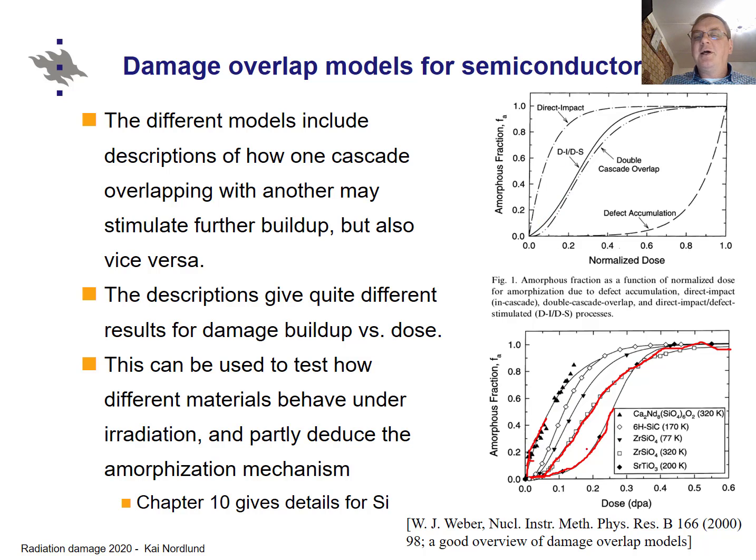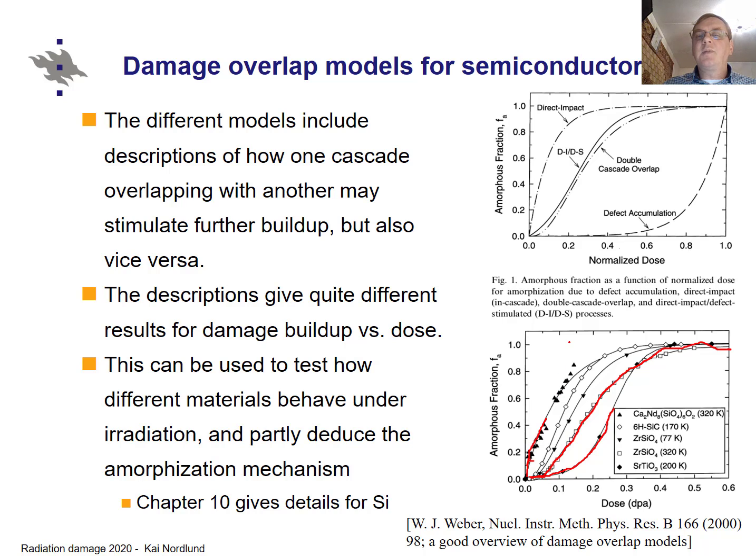The simple explanation why different materials behave differently is that in some cases, when you have pre-existing damage and a new cascade, you get more damage than during the primary damage, and that leads to an increased rate of increase after damage overlap starts. On the other hand, sometimes you have the opposite effect, that the damage may partially anneal pre-existing damage, which slows the increase down.